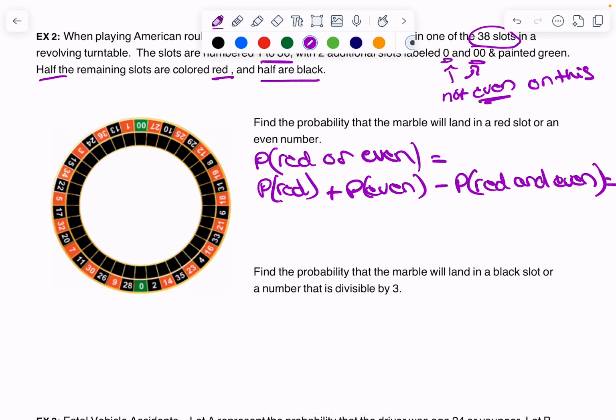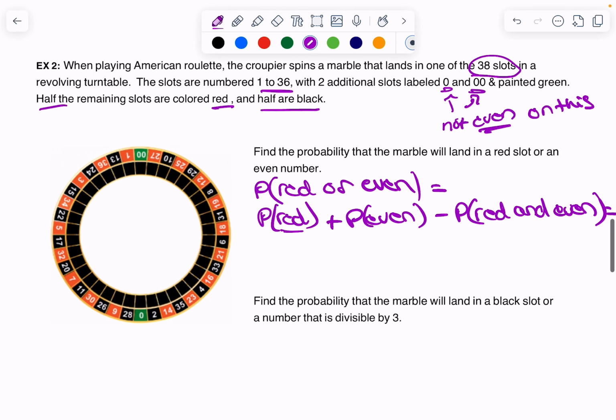So how many reds did we have? If we have numbers 1 through 36, and we could count them, half are red and half are black.